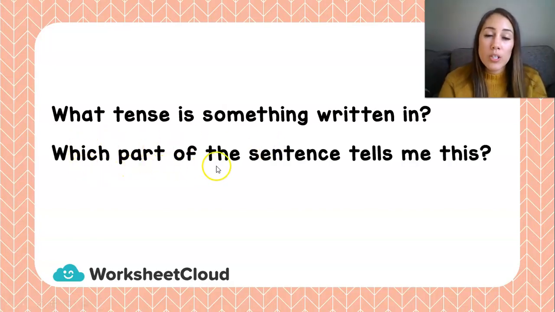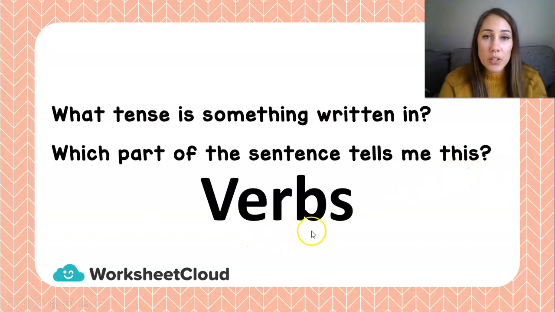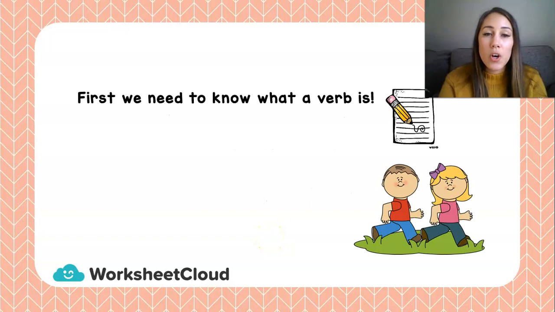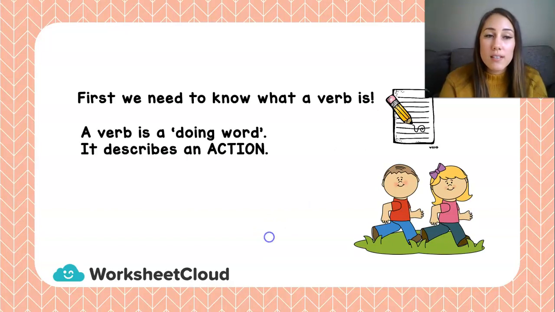So which part of the sentence is going to tell me when it took place? The verb is going to tell me when that action took place or when that sentence is busy happening, because the verb is our action. So first we need to know what a verb is. A verb is a doing word. It describes an action that can happen. So if I look at this picture here in the corner, there are two children and they are running.